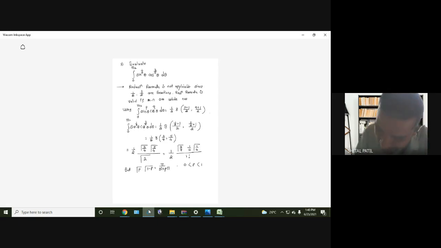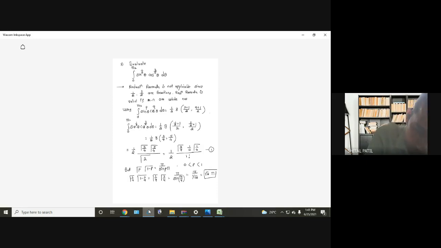Therefore, gamma 1/4, gamma of 1 minus 1/4, which is 3/4, is equal to pi divided by sine of p pi. P is 4, so pi/4. What is sine pi/4? 1 upon root 2. Okay. So substitute this value in equation number 1.